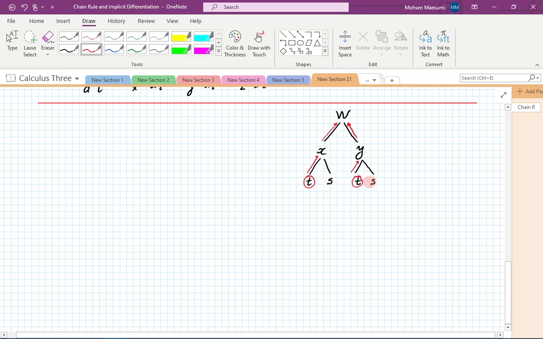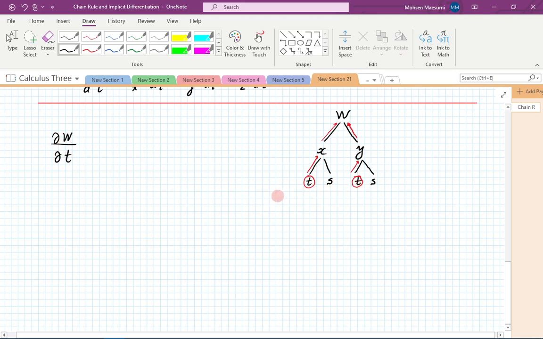Let's suppose s is kept fixed, and then we want to see how w changes when t changes. Due to the fact that there is a competition for t, we have to use the partial notation. We have to say what is the rate of change of w with respect to t. We have to use the partial notation to distinguish between t and s.